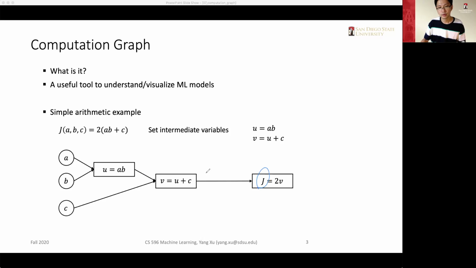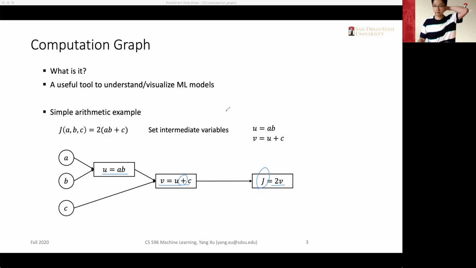Within each rectangle, we defined the basic arithmetic operation that happens in that step. Here it's 2 times something. Here it's u plus c, the plus between the two inputs. And here it is a product between the two inputs.